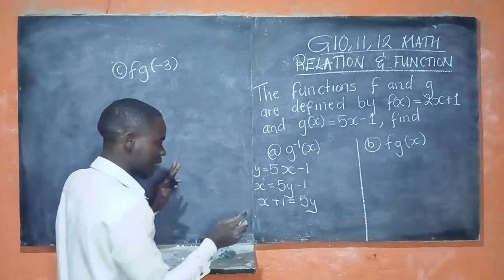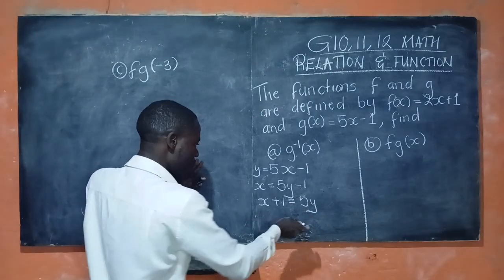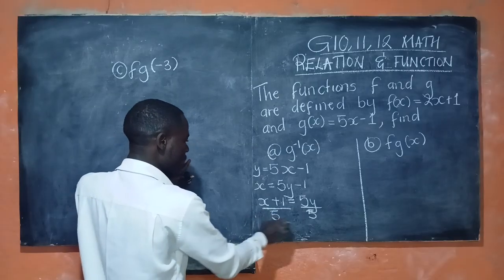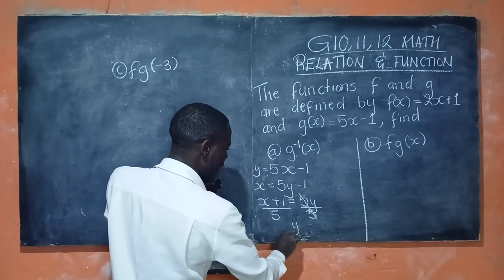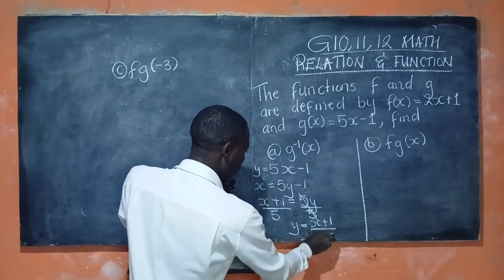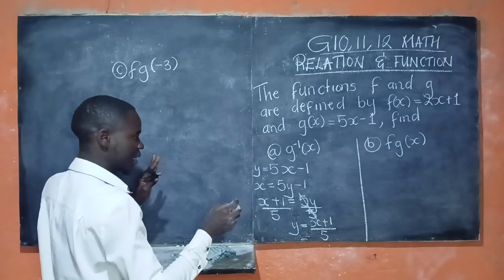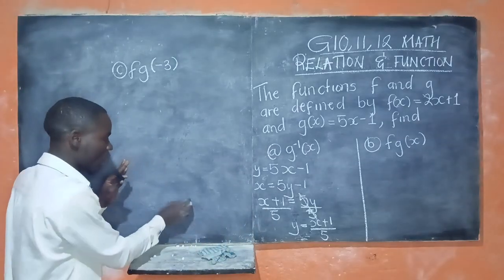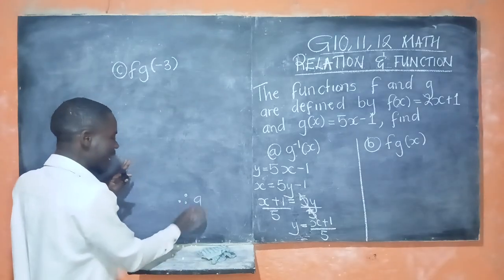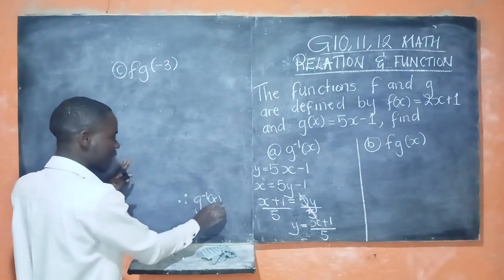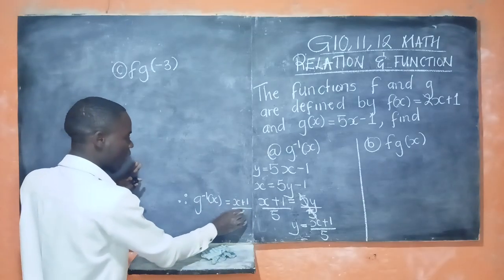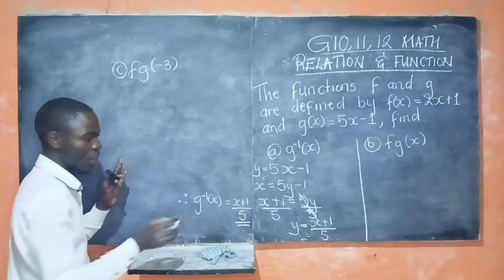Since we want to find the value of y, we divide by 5, divide by 5, so y is equal to x plus 1 over 5. So what is our conclusion? Therefore, the g inverse of x is x plus 1 over 5. That is the way you answer this.